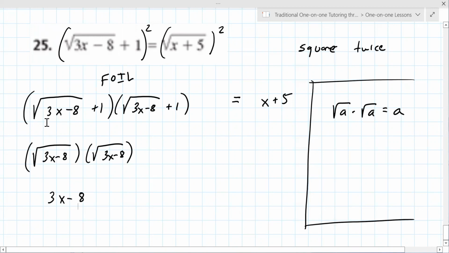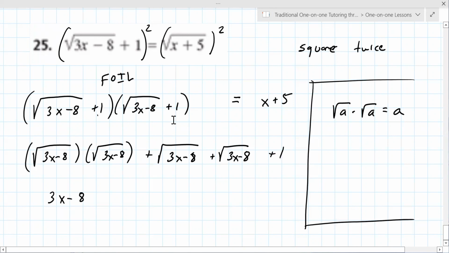For the O, it's the square root of 3x minus 8 times +1. So it becomes plus square root 3x minus 8. For the I, it's just the different order, but it's 1 times the square root of 3x minus 8. And then the last is 1 times 1, plus 1.